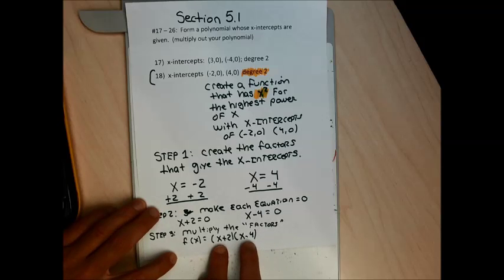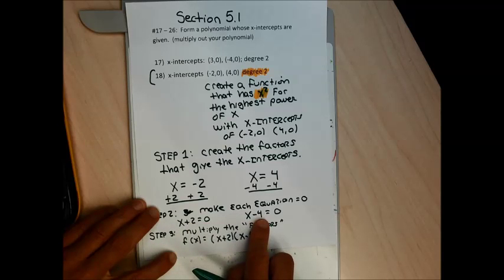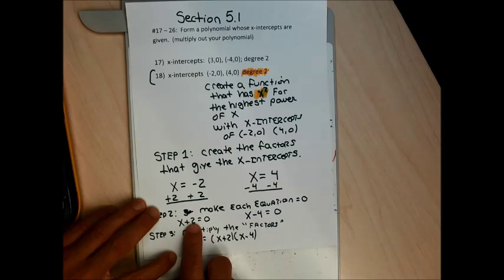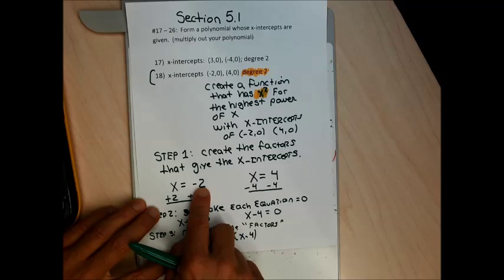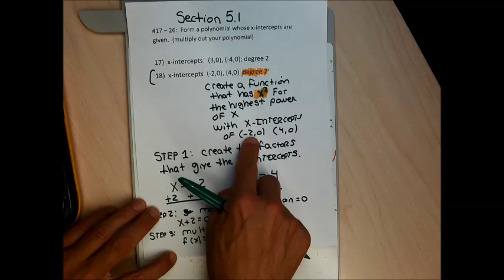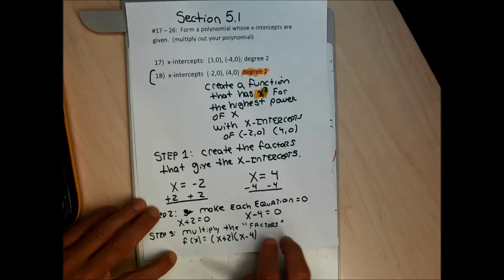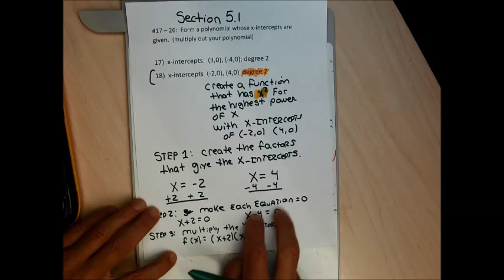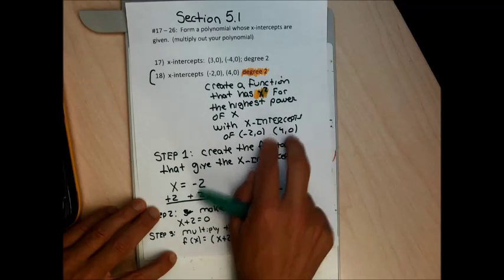Because if I asked you to find the x-intercept of this function, you'd go x plus 2 equal to 0, x minus 4 equal to 0. Setting x plus 2 equal to 0, the algebra would give you x equal negative 2, and you'd say the x-intercept is negative 2, 0. Setting x minus 4 equal to 0, the algebra would give you x equal to 4, and you'd say the x-intercept is 4, 0.